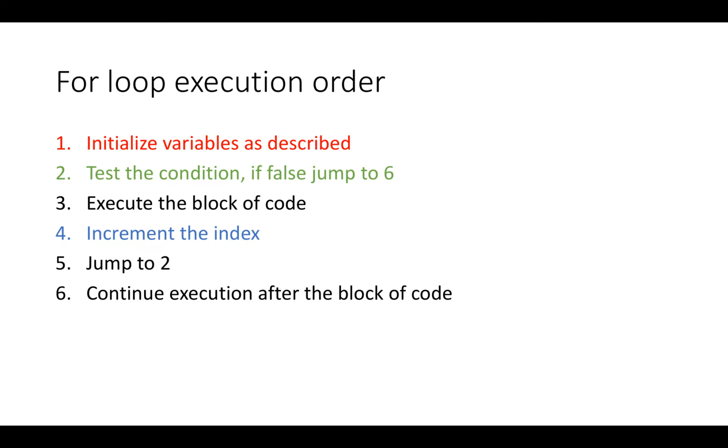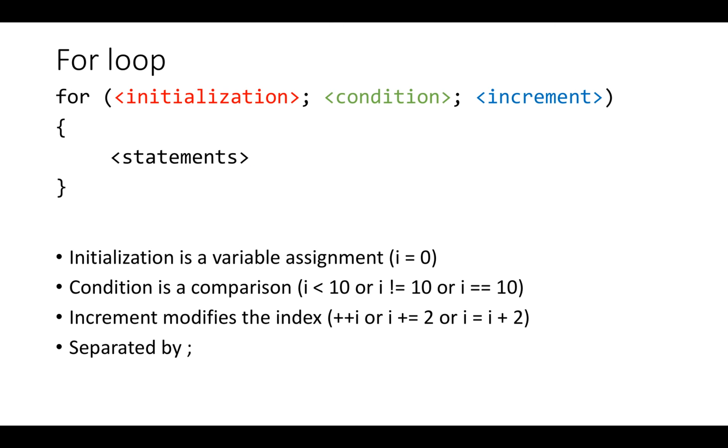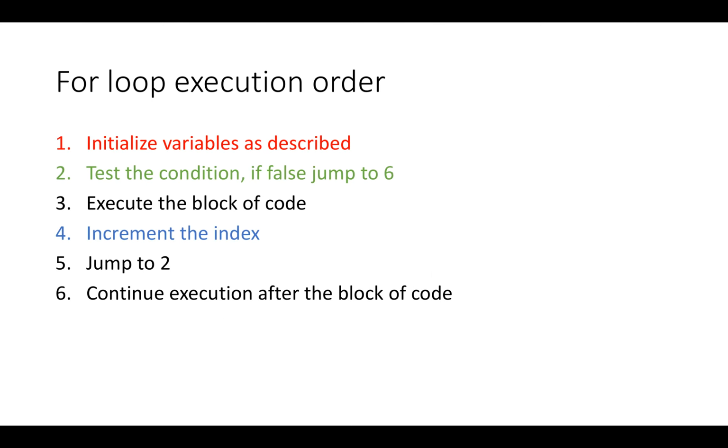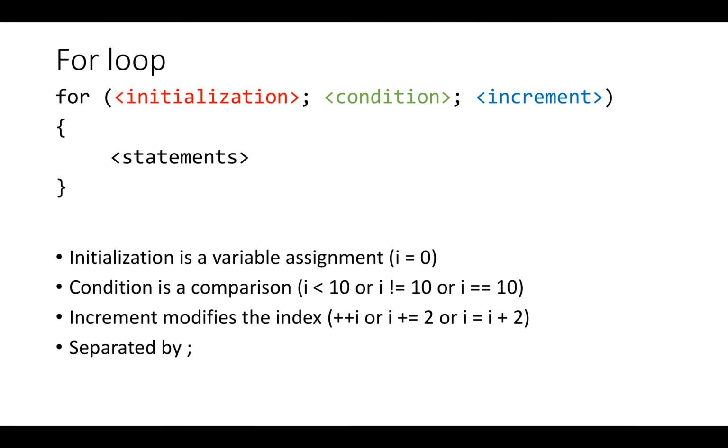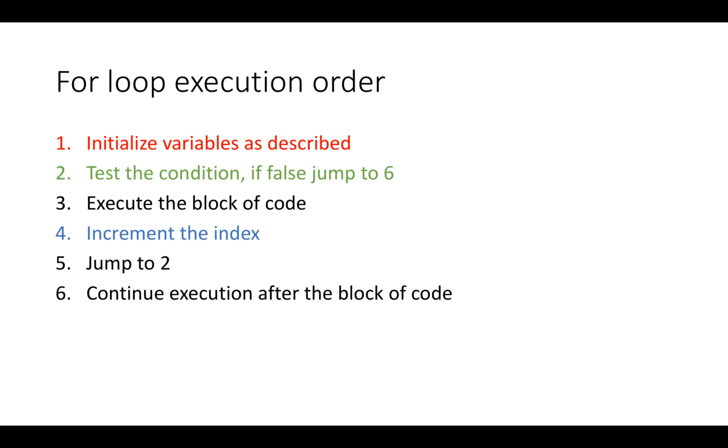Next is execution order. The way the for loop executes is, first, the variables are initialized as described. That's the red component. After that, the condition is tested. That's the green component. If it's false, we jump down to number 6, which is continue execution after the block of code. Number 3 is execute the block of code, all the statements inside.